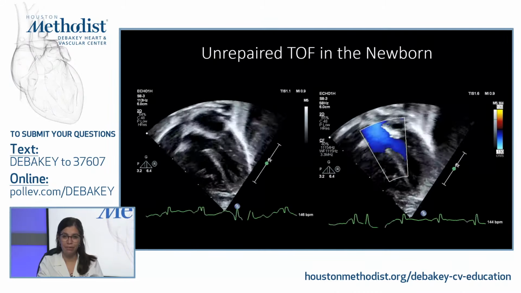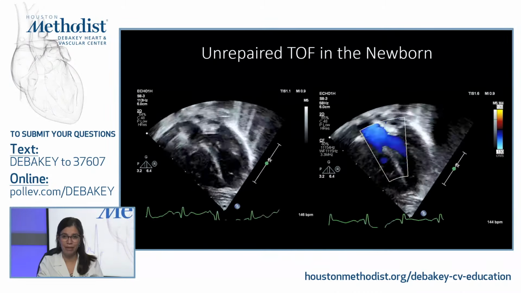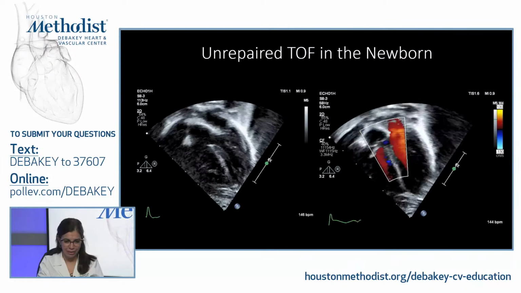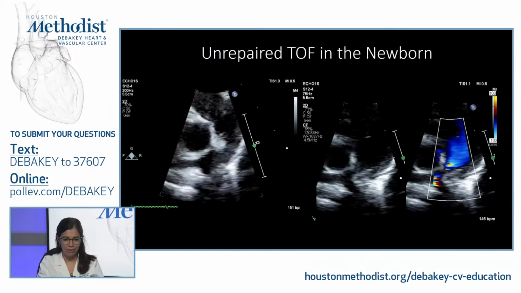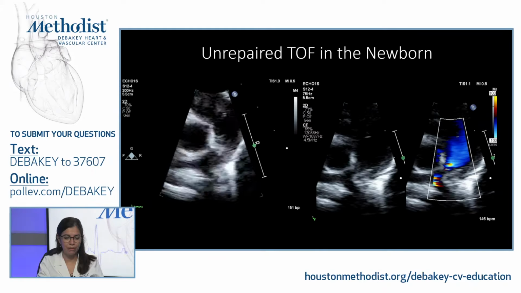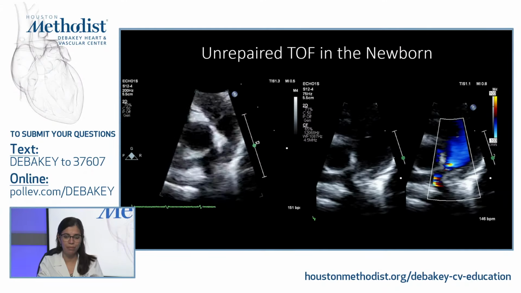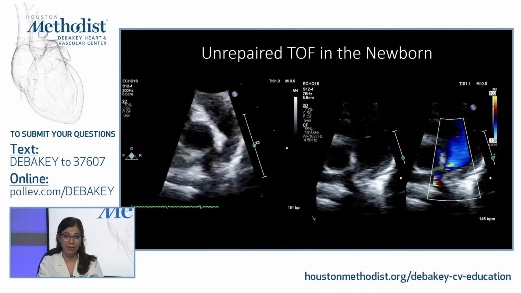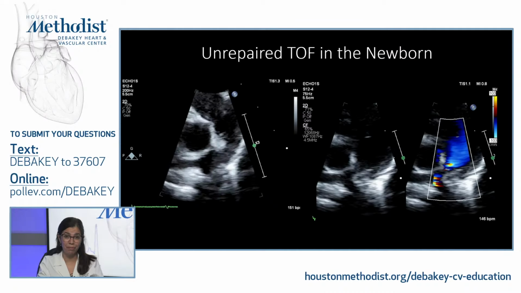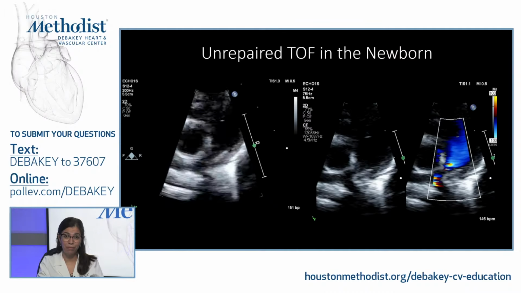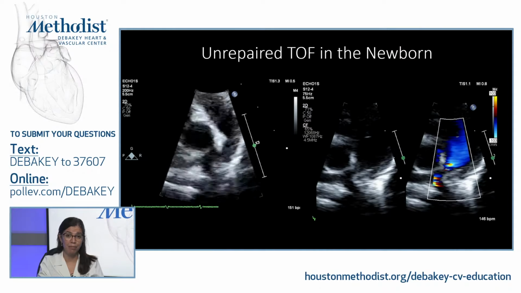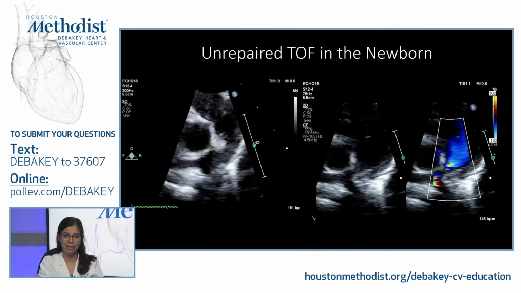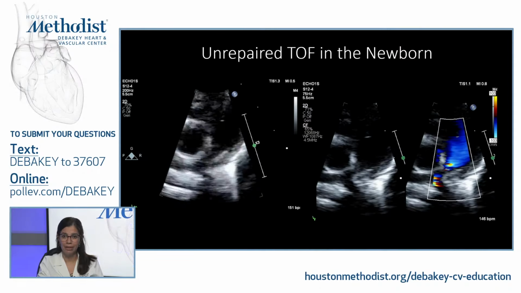And we can further assess that with color Doppler. This is a short axis view, looking at the pulmonary valve. You can see how in the newborn you can obtain high-quality images of the pulmonary valve and also of the pulmonary branches that here appear to be hypoplastic if you pay attention.